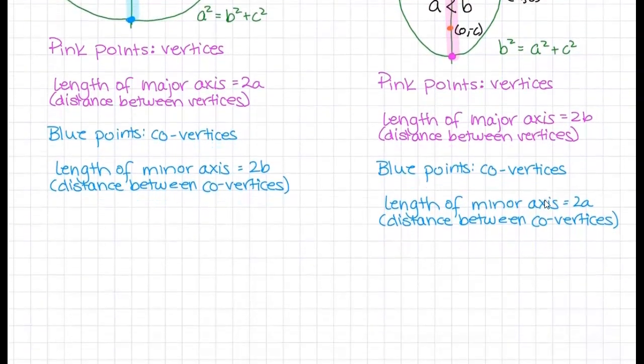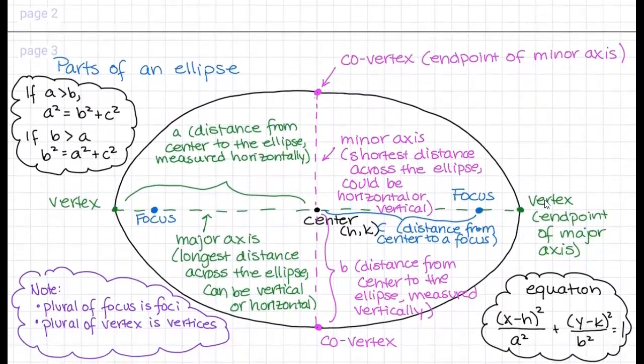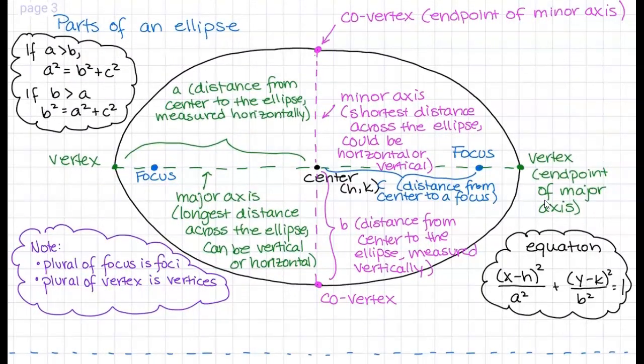So let's look at moving off now. Oh, actually, before we do that, let's just look. This right here goes a little more into the vocabulary. But now we're putting the center off of the origin. So the center is no longer at 0, 0. It's going to be at (h, k).